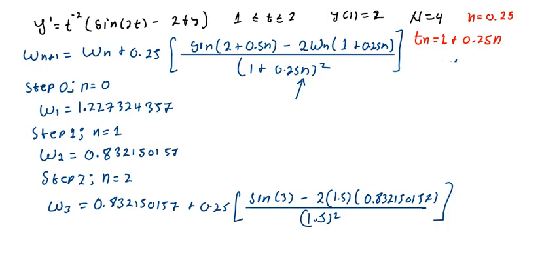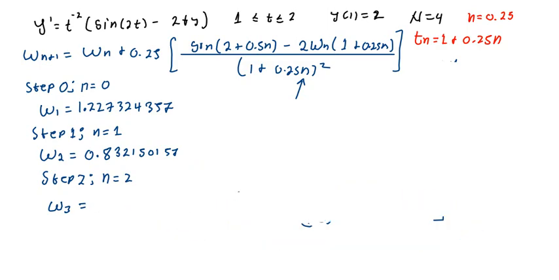Okay, so once again, just punch all of this on your calculator, and you're going to end up with w3 equal to something like, what would be the value? It's going to be equal to 0.5704467. Okay, that's the value that we get.